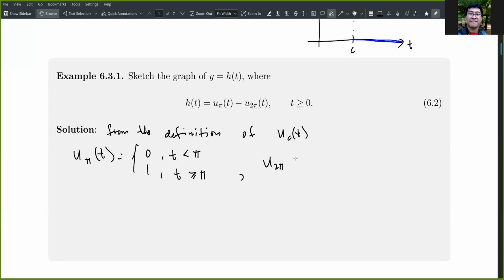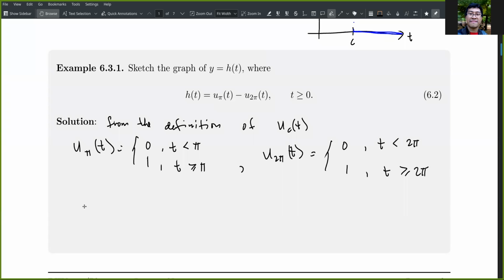For u_2pi(t), that would be 0 for t less than 2 pi and 1 for t greater than or equal to 2 pi. So for h, which is given by u_pi(t) minus u_2pi(t), we just combine these two, but take note there will be a total of 3 intervals: from 0 to pi, from pi to 2 pi, and from 2 pi to infinity.